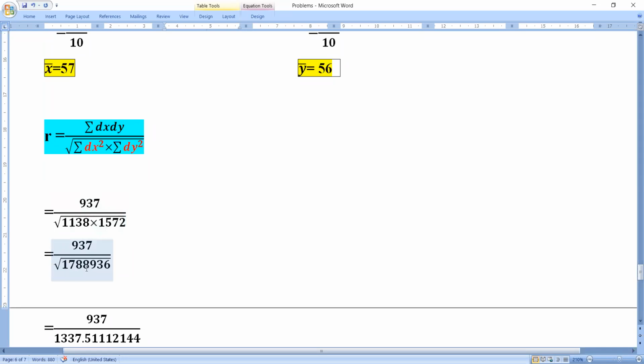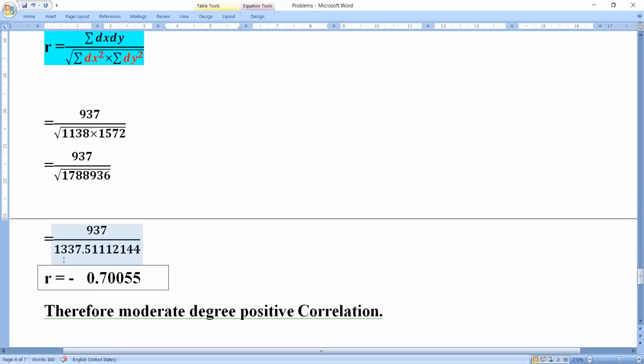We get 1788936, that is 17,88,936. When we take the root, how much do we get? 1337.51112144.